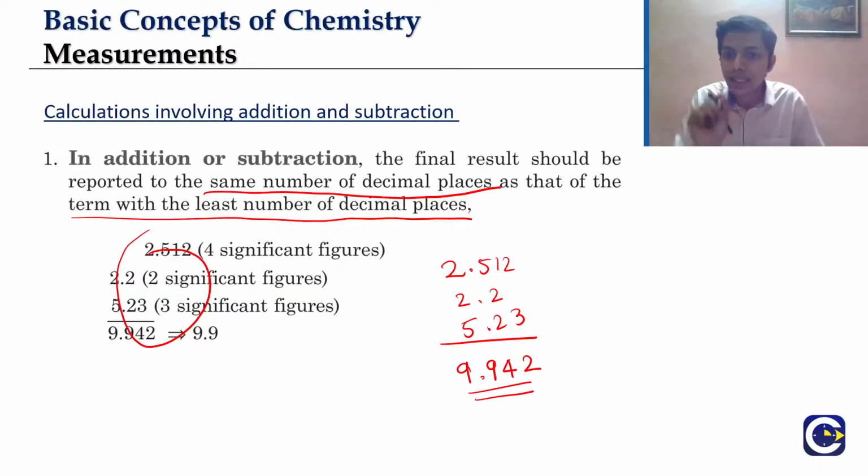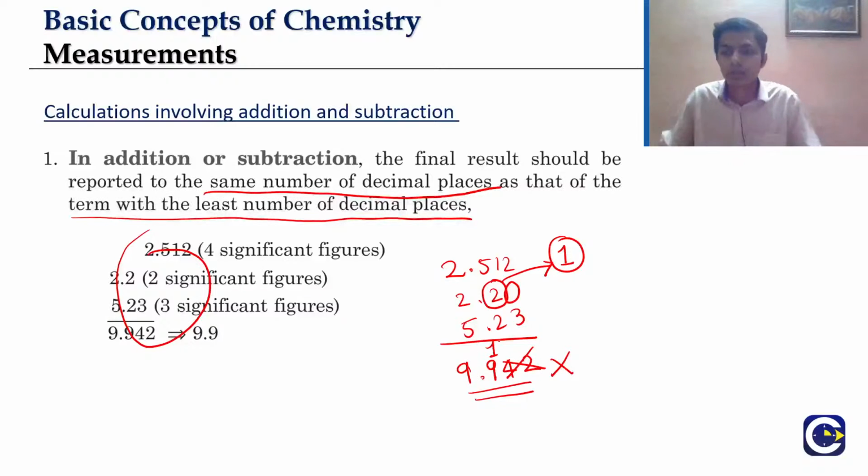But while telling the result, you should never say 9.942, because you do not know what was there after this. This had a reliability of only 1 place to the right of the decimal, so you have to report with only one decimal to the right. Whichever is minimum, you report that at the end.